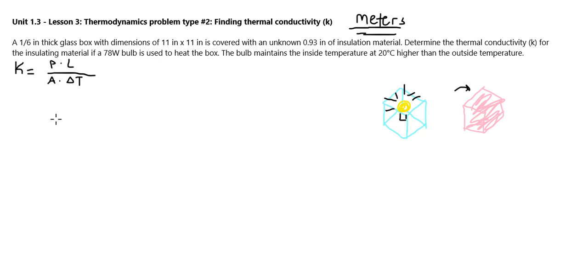So now let's write each of these components. We obviously don't know what K is because that's what we're trying to find. We can see if we can find out what P is, what L is, what A is, and then what delta T is.